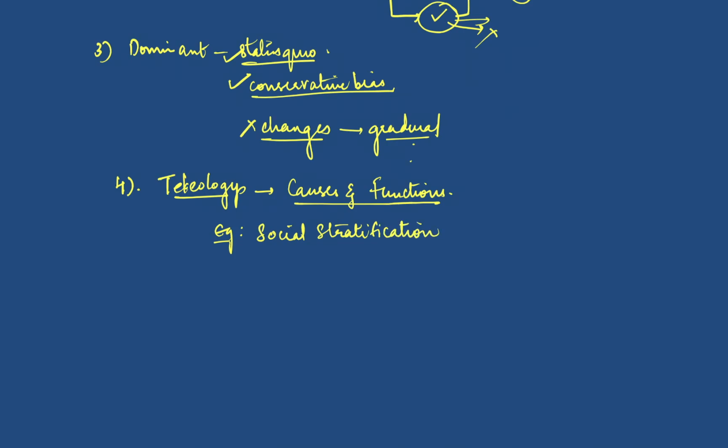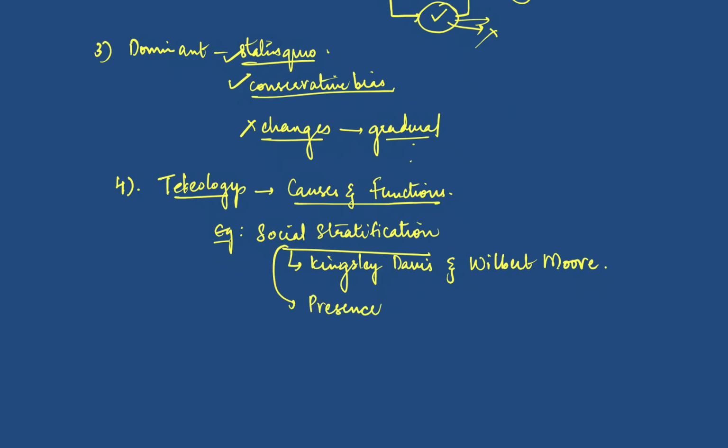right? So social stratification, there are very famous sociologists called Kingsley Davis and Wilbert Moore. Okay, so these two basically say that the presence of social stratification in the society itself means that social stratification is functional.